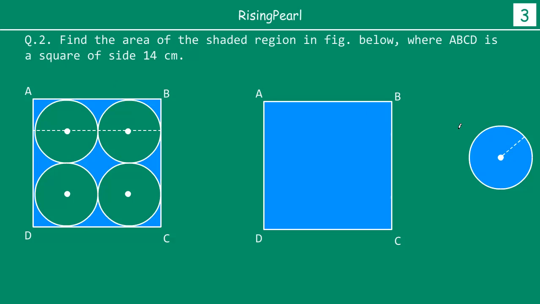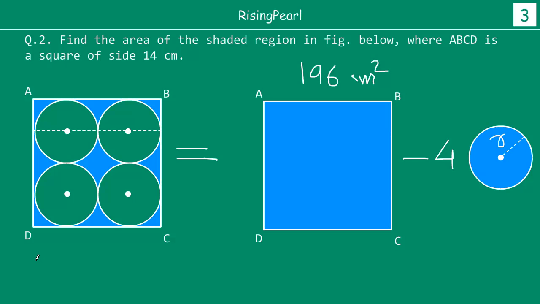So this is 196 centimeters square. Now, the required area is equal to this minus 4 areas of circle, because there are 4 circles. So I have to subtract 4 circles.